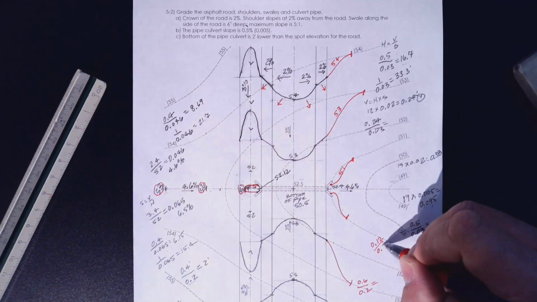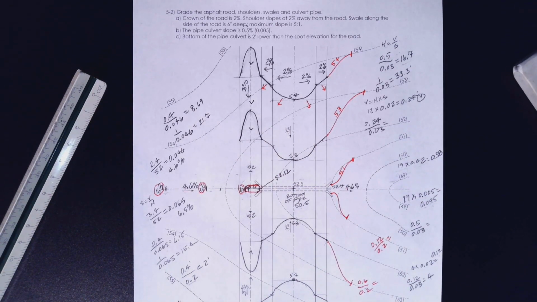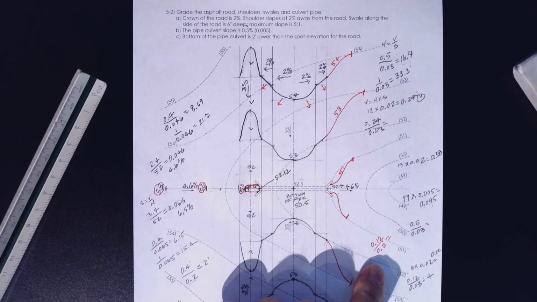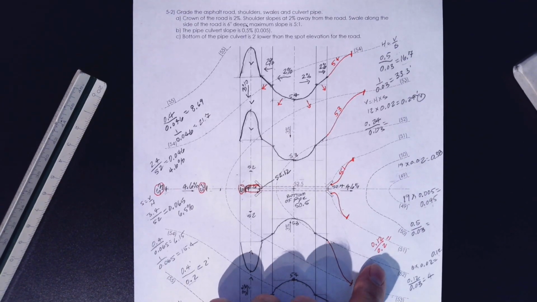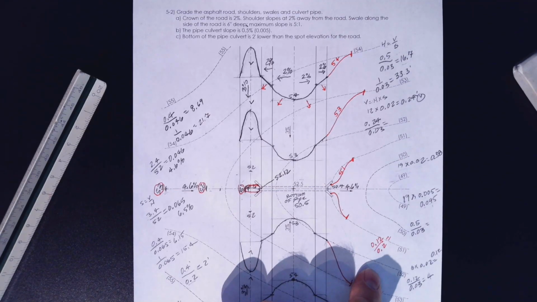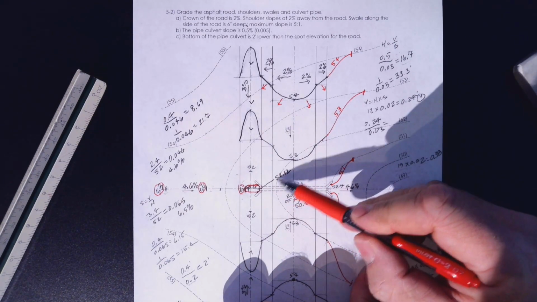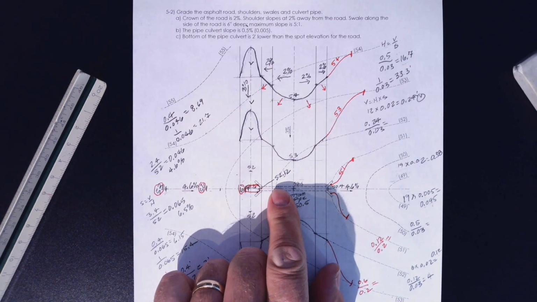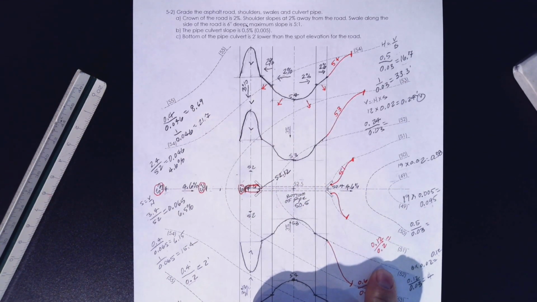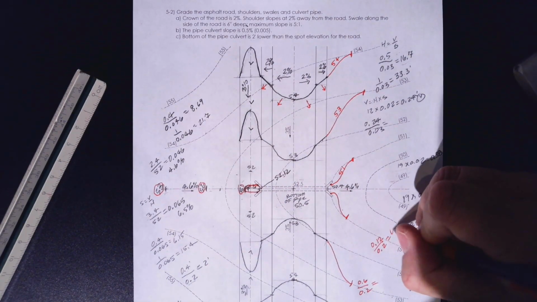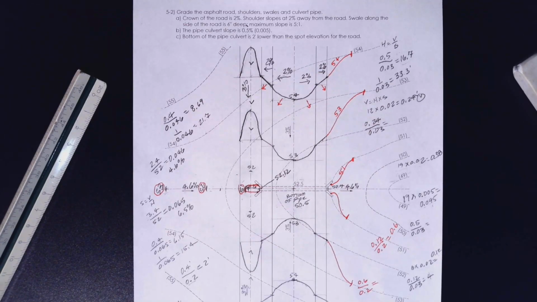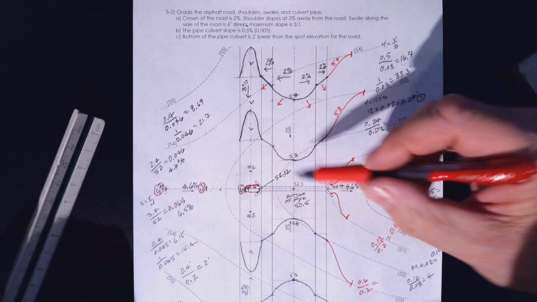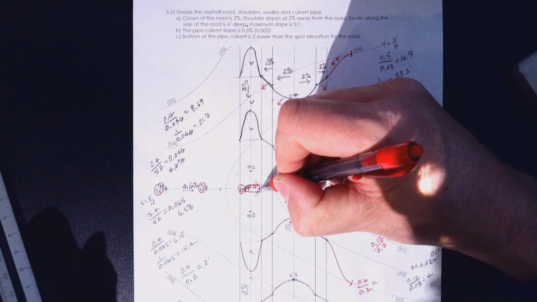So 0.12 divided by 0.2 equals 0.6. Lost my camera there for a sec. So 0.6, so it's almost to the edge, a foot.